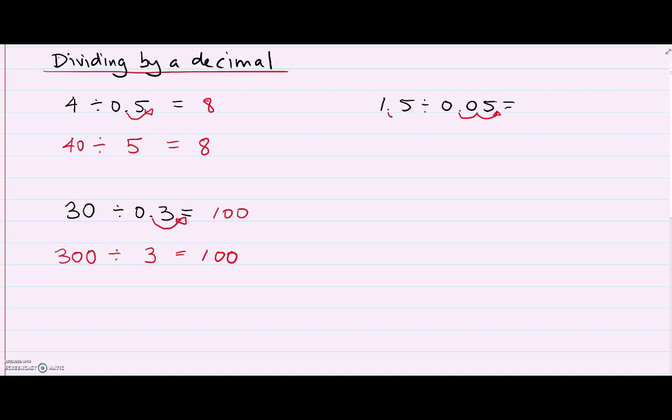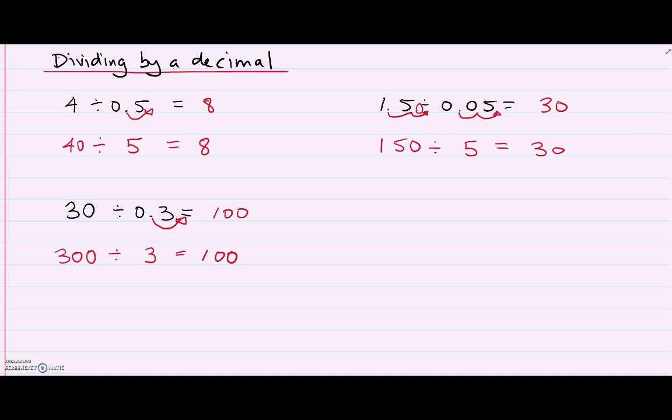So I have to move the decimal point 2 spots to the right. That means this 1.5 becomes 150, and I'll be dividing that by 5. 150 divided by 5 is 30, which means that 1.5 divided by 0.05 is also going to be 30. This is how we divide by decimals.